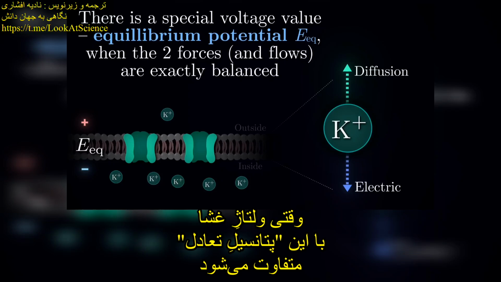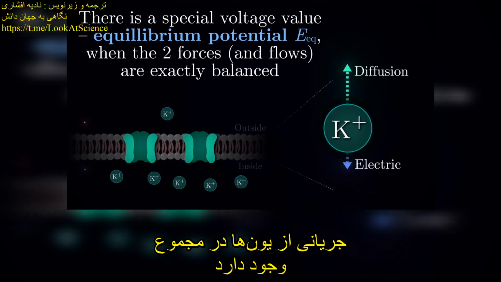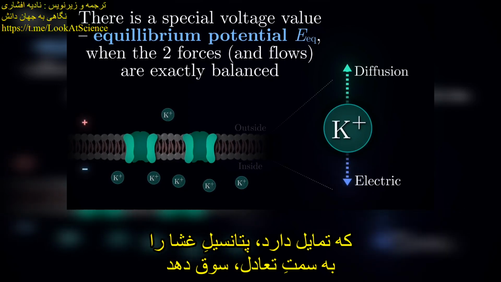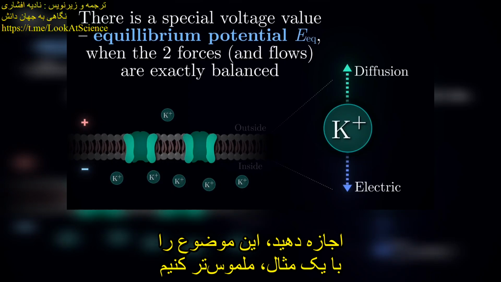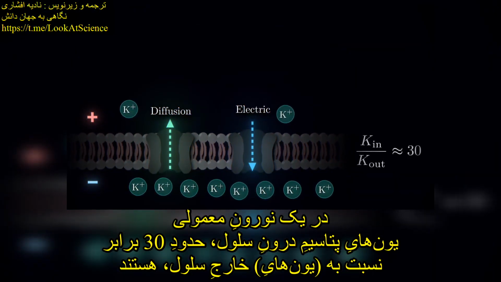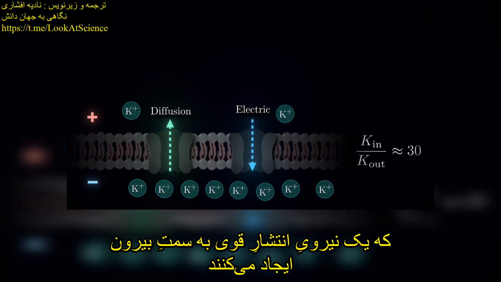When the membrane voltage differs from this equilibrium potential, there is a net flow of ions that tends to drive the membrane potential towards the equilibrium. Let's make this more concrete with an example. In a typical neuron, there are about 30 times as many potassium ions inside the cell as outside, creating a strong outward diffusive force.